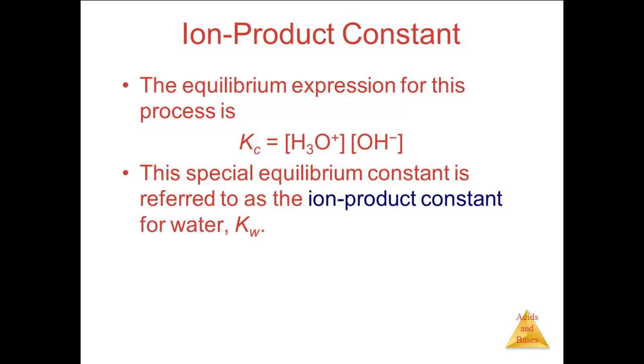It is a specially defined equilibrium expression, and it's called the ion product constant for water. It is given the symbol Kw for water. At 25 degrees, Kw has a value of 1.0 times 10 to the minus 14th.